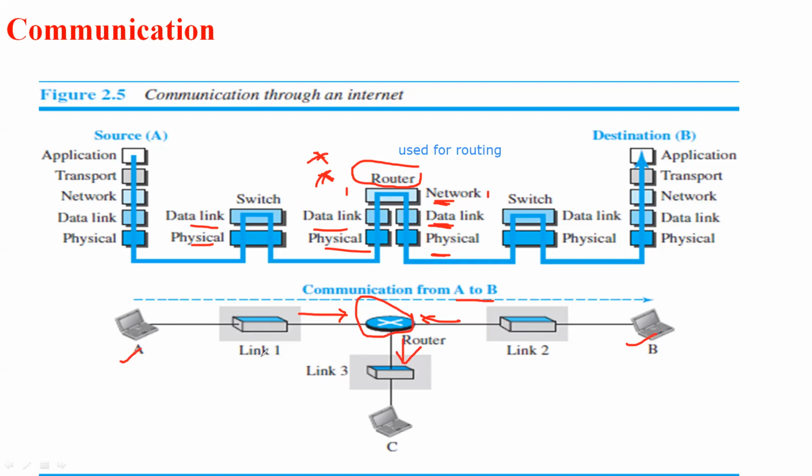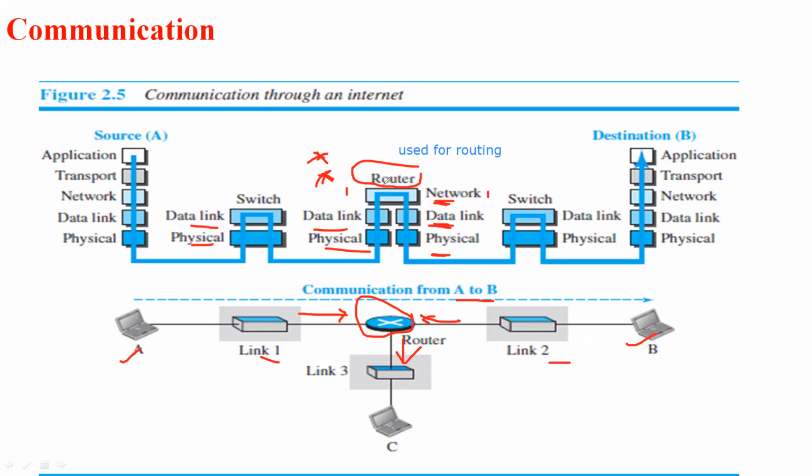So here two links are needed in order to transfer a particular message from source to destination. Each link may be using a different link layer and different protocols of physical layers.